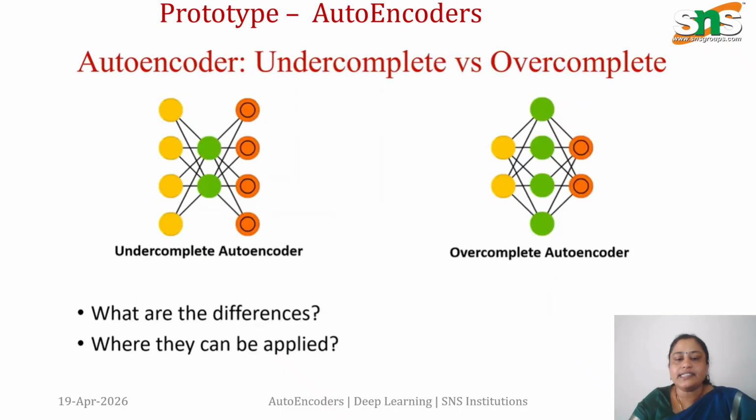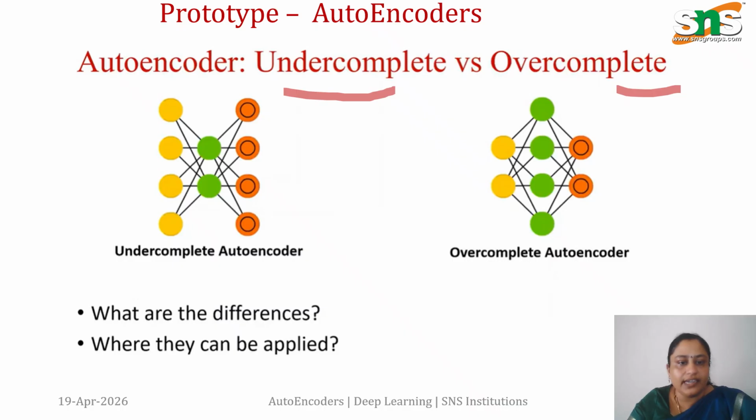Now we will see the types of autoencoders. There are two types, called undercomplete and overcomplete. In an undercomplete autoencoder, for example, the input layer has 4 neurons and the hidden or bottleneck layer has only 2 neurons.